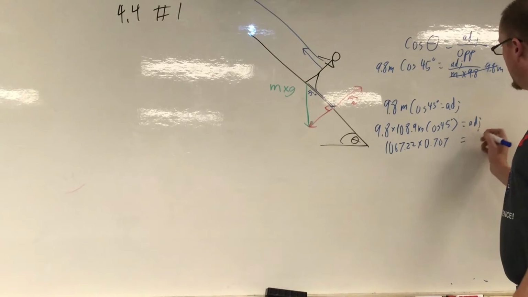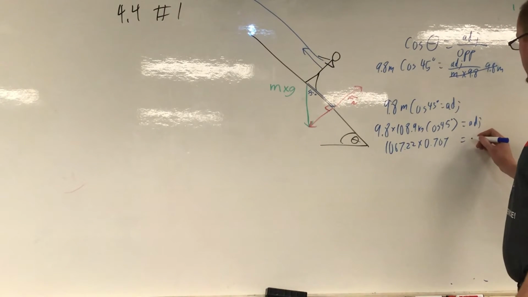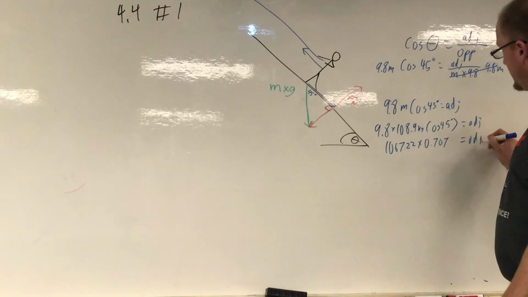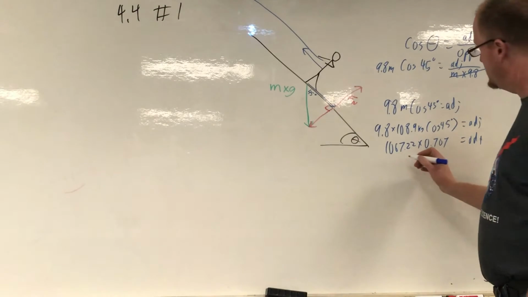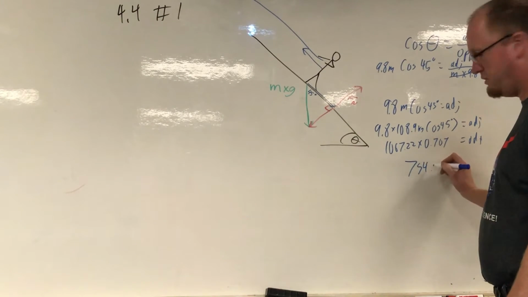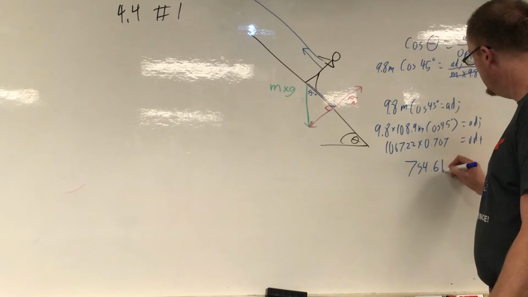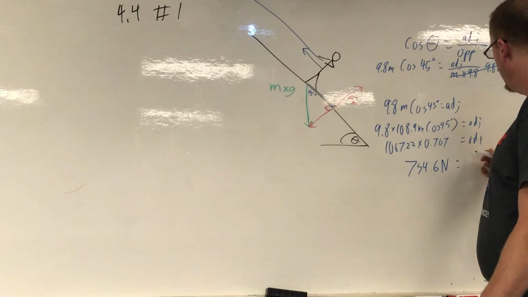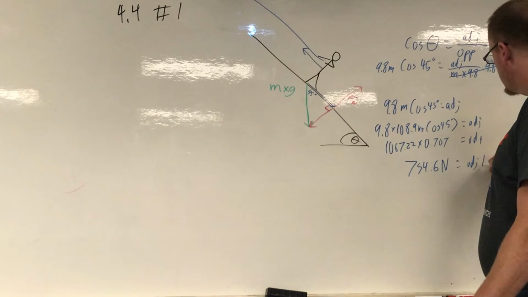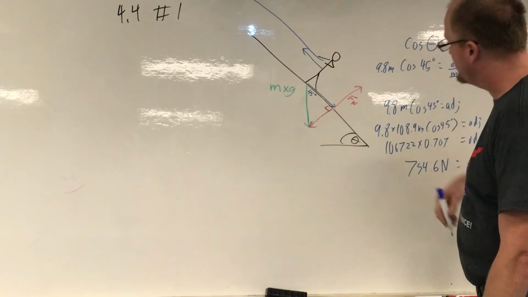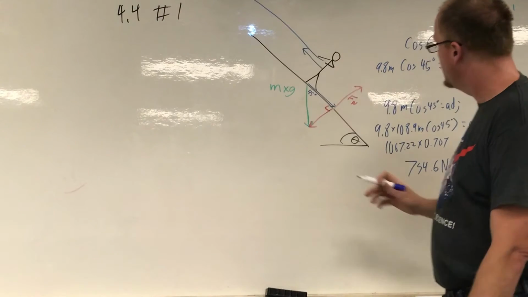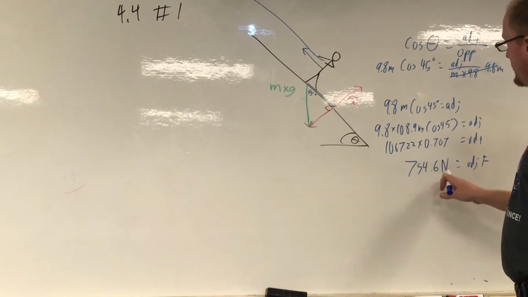Anyway, I did actually plug it all into my calculator, and I found out that 754.6 newtons is equal to that adjacent force. We'll call it the adjacent force. That's the force that's going in that direction, which means I got to be pulling up with 754.6 newtons.